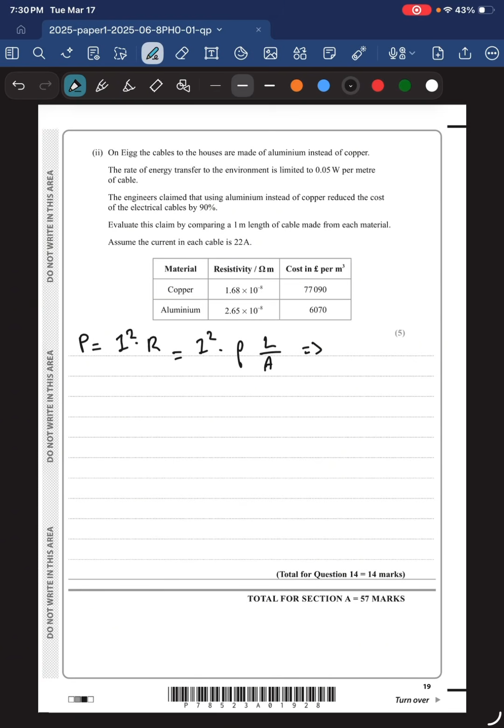So the power lost in a current-carrying wire is I squared R. So the power per unit length is equal to I squared times the resistivity over the cross-sectional area.